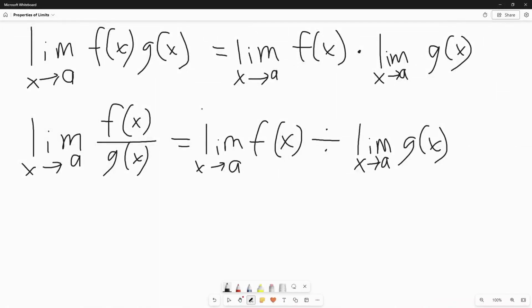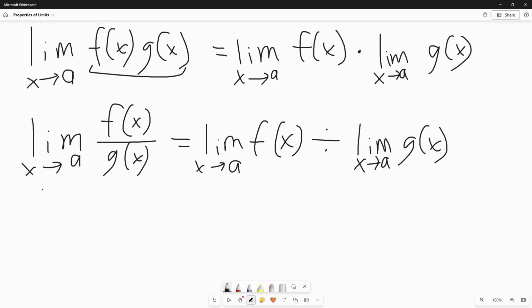And here I've written two more rules. The first one is the limit as x approaches a of f of x times g of x, and this f of x times g of x is both included in the limit. That is equal to the limit as x approaches a of f of x multiplied by the limit as x approaches a of g of x.